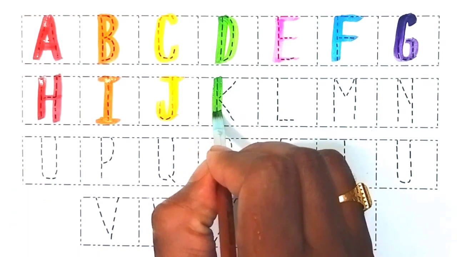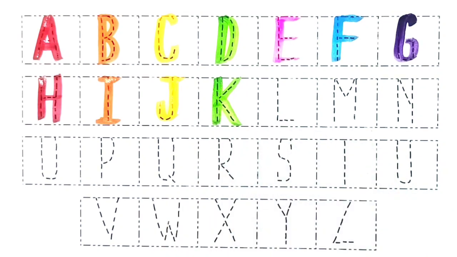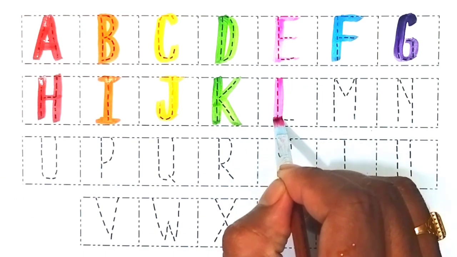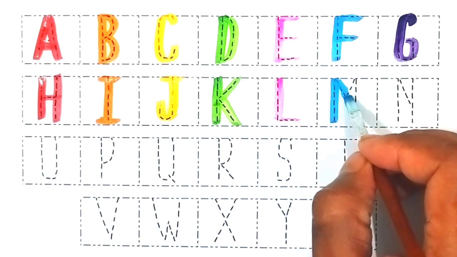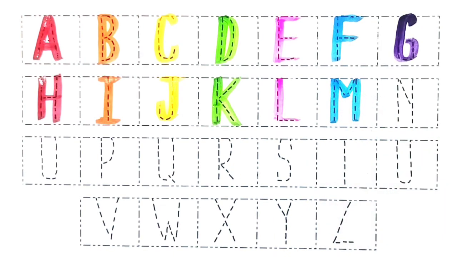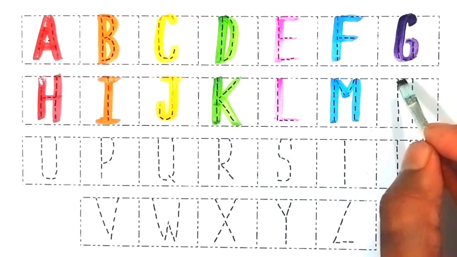K for kangaroo. L for lamb. M for monkey.